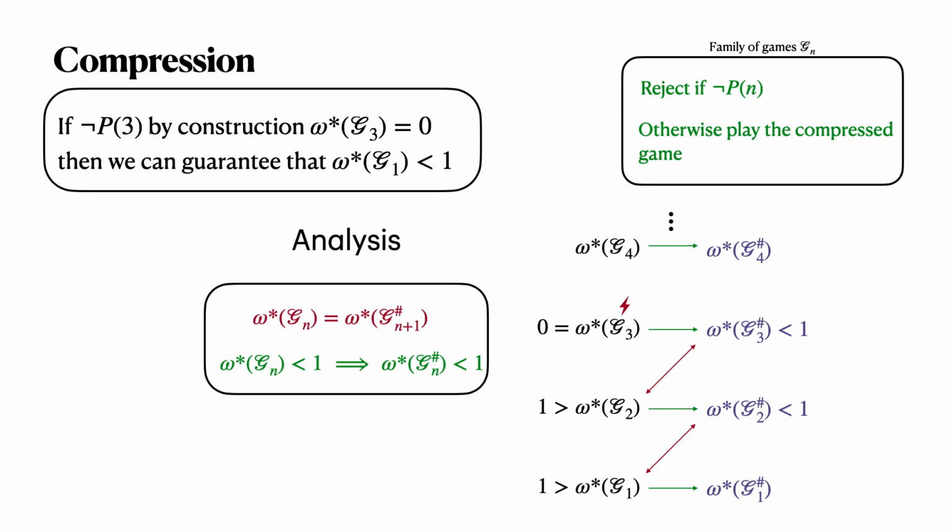So the value of G2 is also less than 1. This step of the argument is indicated by the red arrow from G3 to G2 in the diagram. Repeating this argument a second time proves that the value of G1 is also less than 1. So to summarize, if the predicate is false, then G1 has a value less than 1.